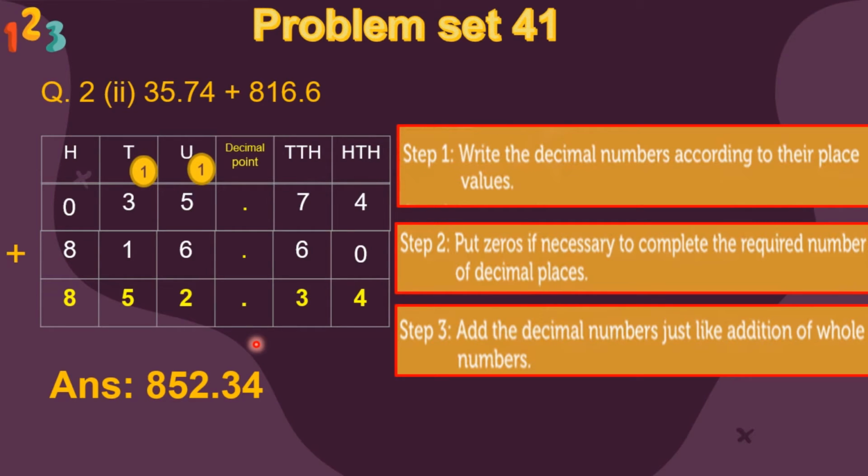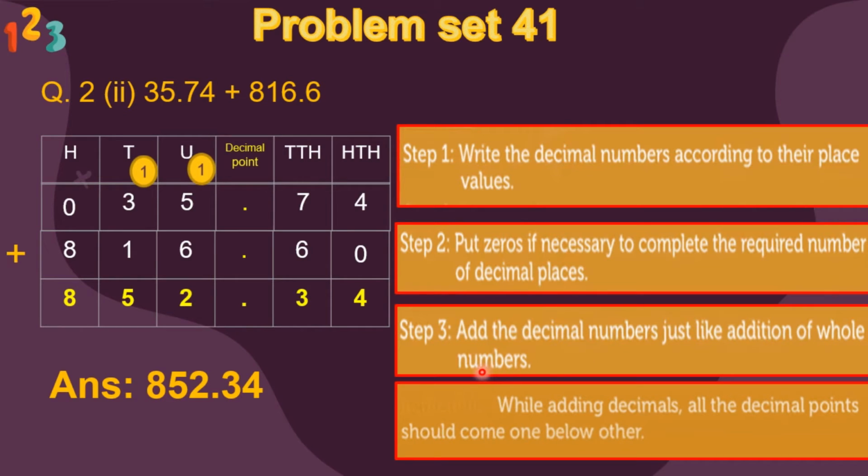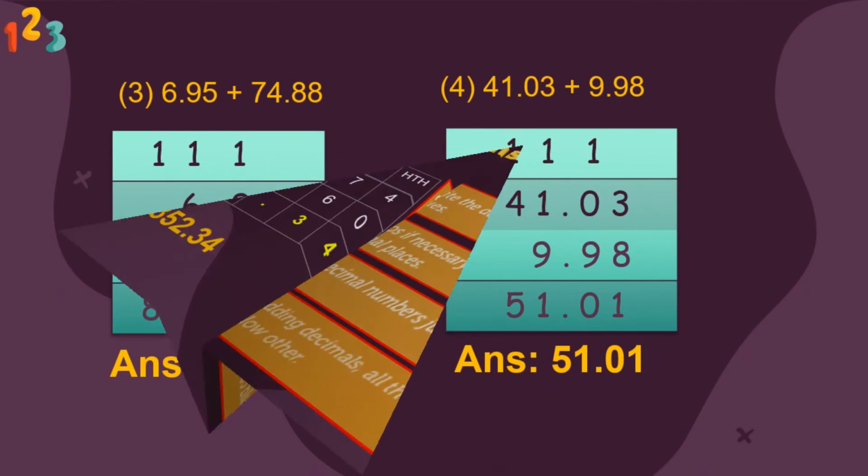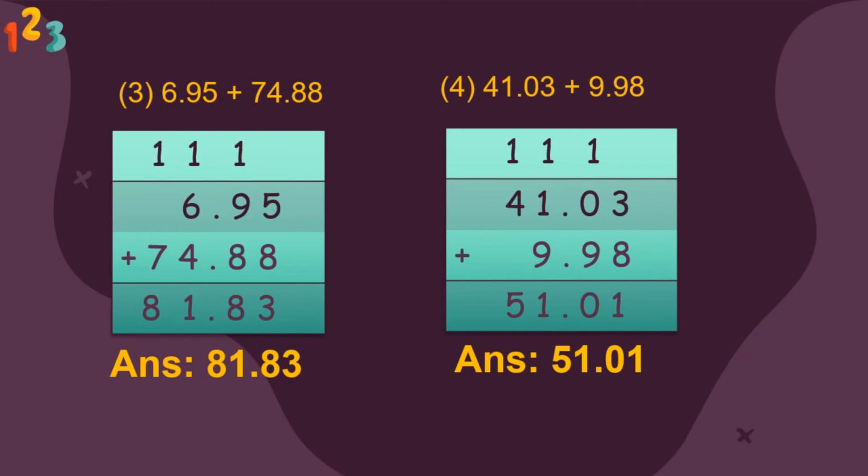Only you have to take care that while adding decimals, all the decimal points should come one below the other, as you can see here in the columns. Some more addition sums are given here for your practice.